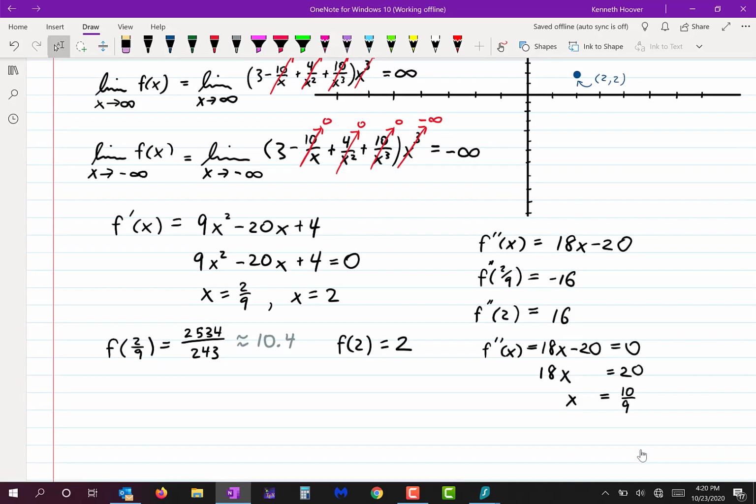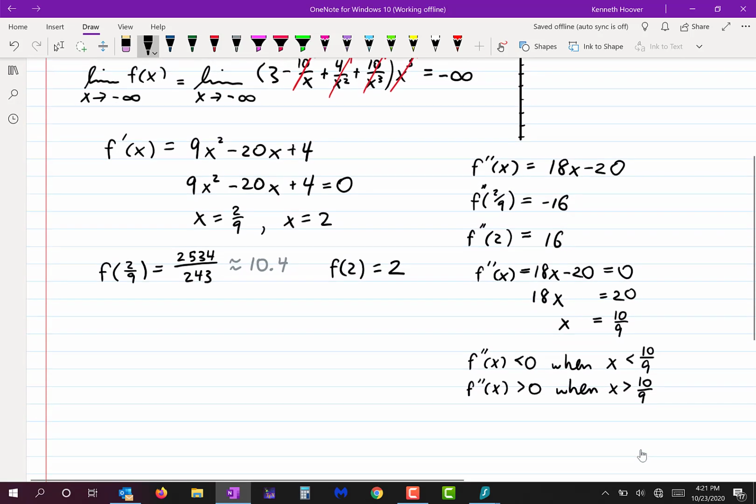So the second derivative is negative when x is less than 10/9, and the second derivative is positive when x is greater than 10/9. So the concavity changes when x equals 10/9.